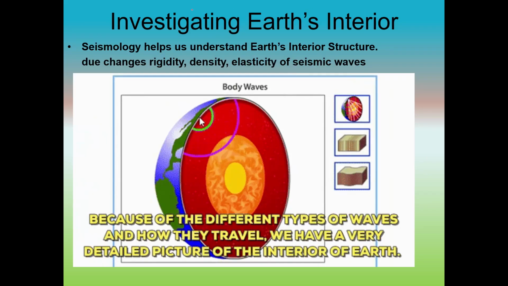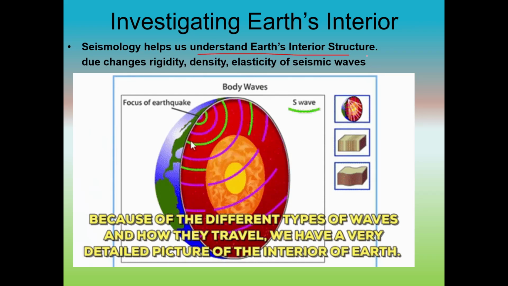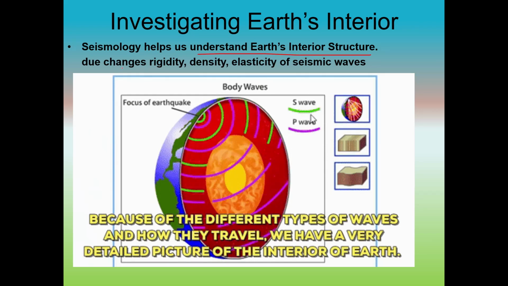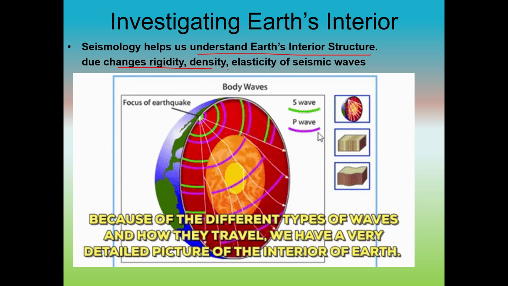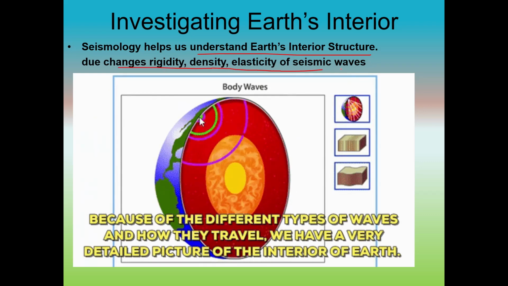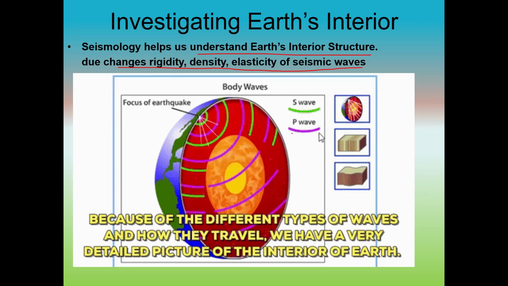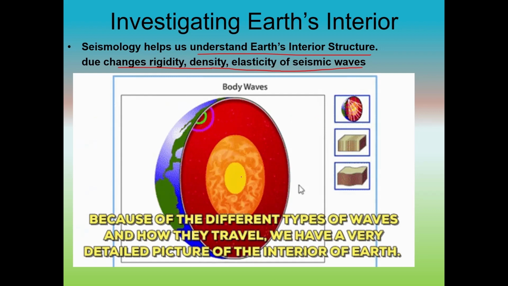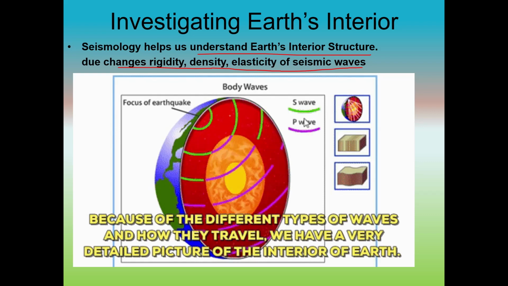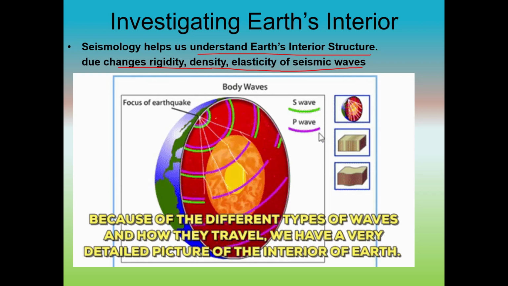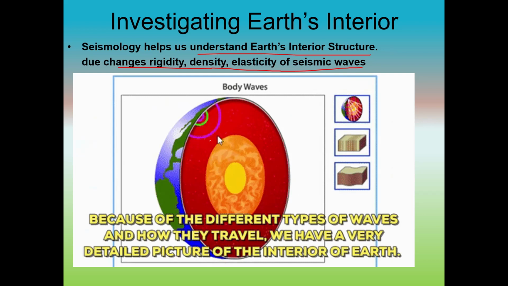How? Now, seismology helps us understand Earth's interior. We have learned earlier also, due to changes in rigidity, density, elasticity, and seismic waves. In these, P waves and S waves, S waves will not cross the solids, whereas P waves will cross all the solid, liquid and gas.